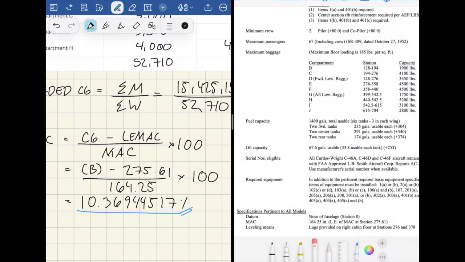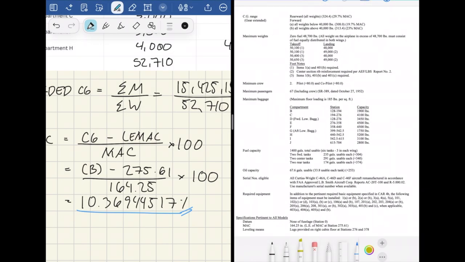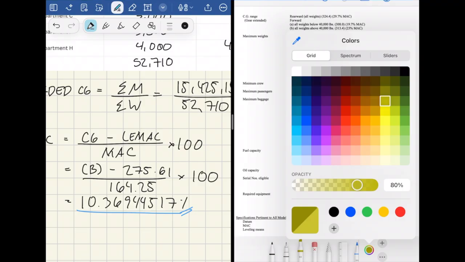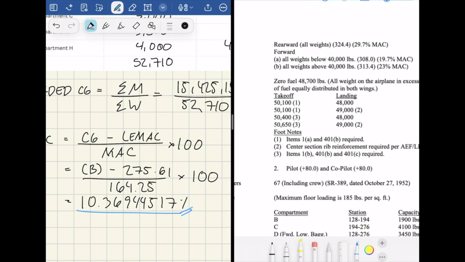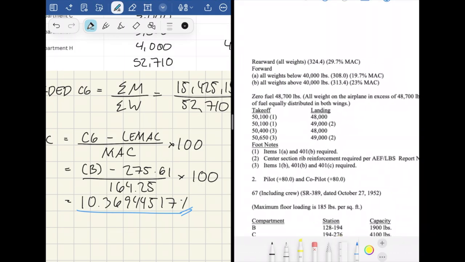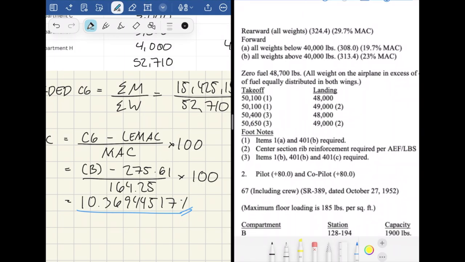Now, upon checking sa ating TCDS, pasok ba si ating percentage MAC? Okay, so let us see. So, balik tayo sa ating CG range. So, tingin tayo kay B at saka sa ating percentage MAC. Rearward and forward. Alright. So, sa rearward, meron tayong limit na 29.7% MAC.